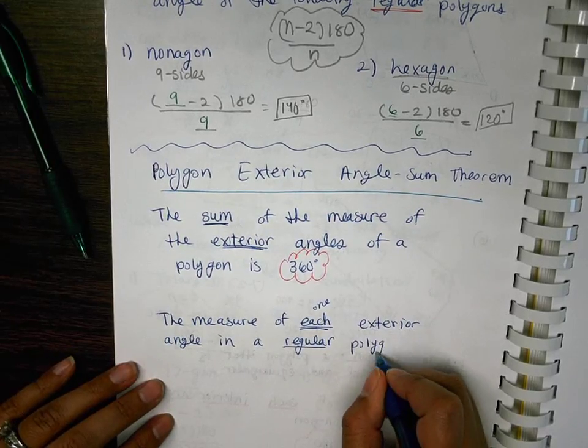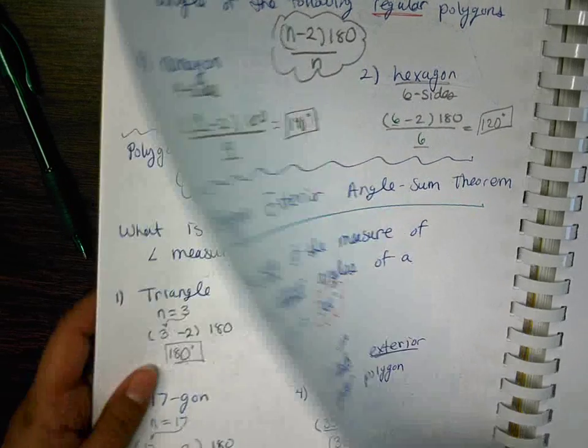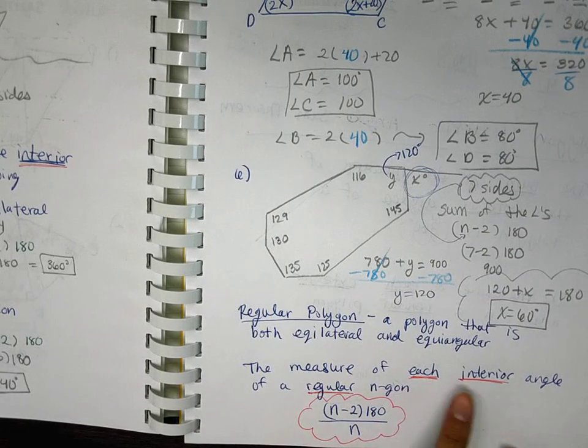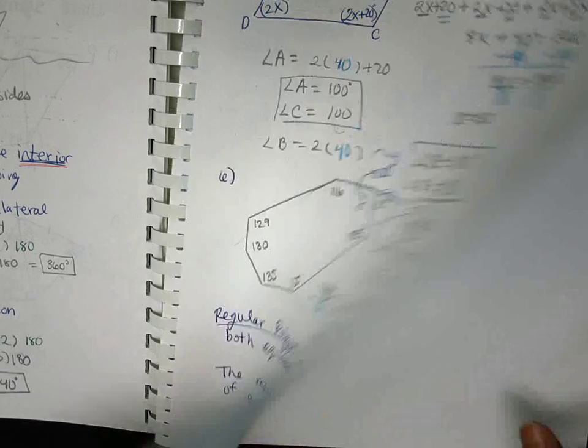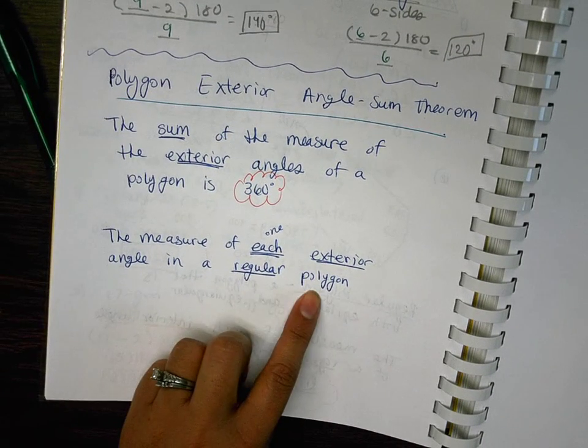Okay, and I'm going to underline exterior. I'm going to flip the page really quick. I will put it back. Here we have each, interior, and regular. What's the difference here? Each, exterior, and regular. I put polygon instead of ingon. It means the same thing.